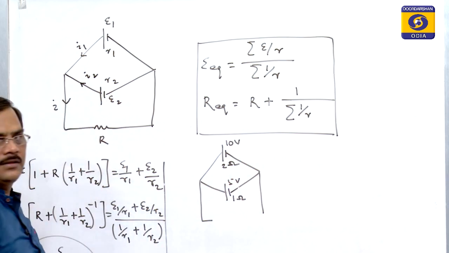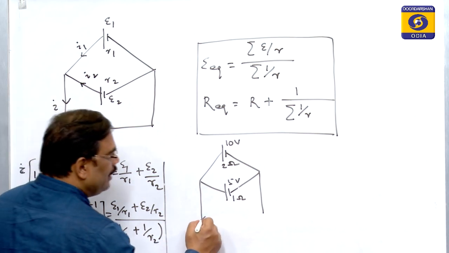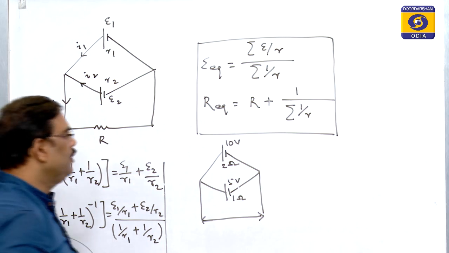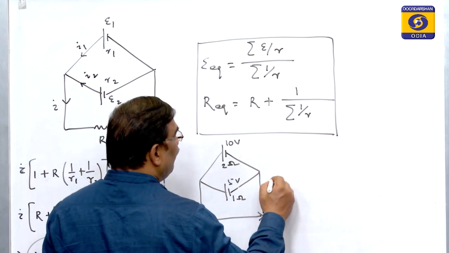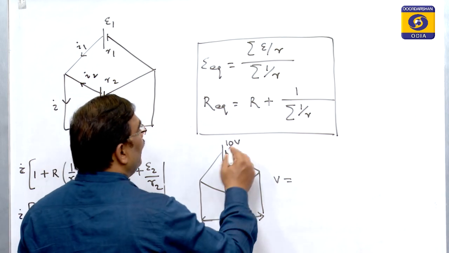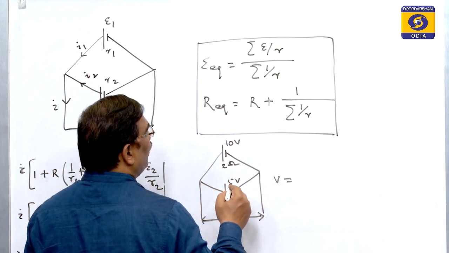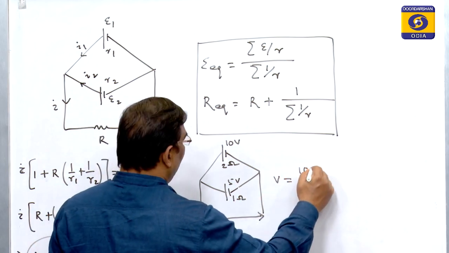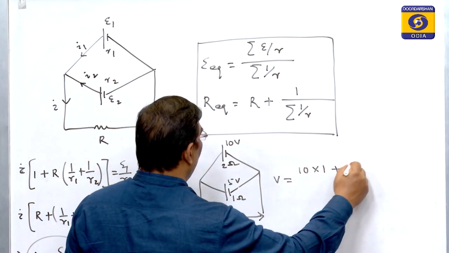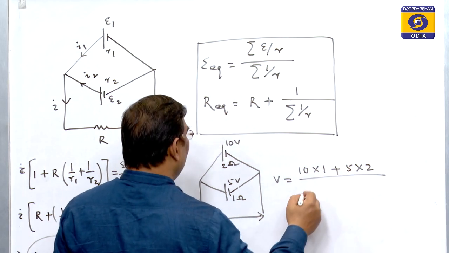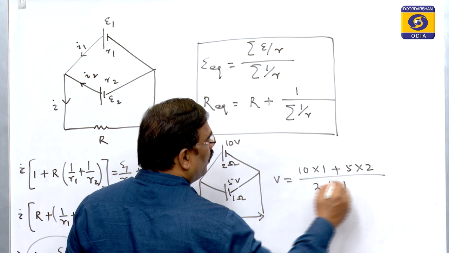If I calculate the terminal potential, or EMF, it is summation E by R divided by summation 1 by R. It is 10 into 1 plus 5 into 2, that is E1 R2 plus E2 R1, divided by R1 plus R2, 2 plus 1.